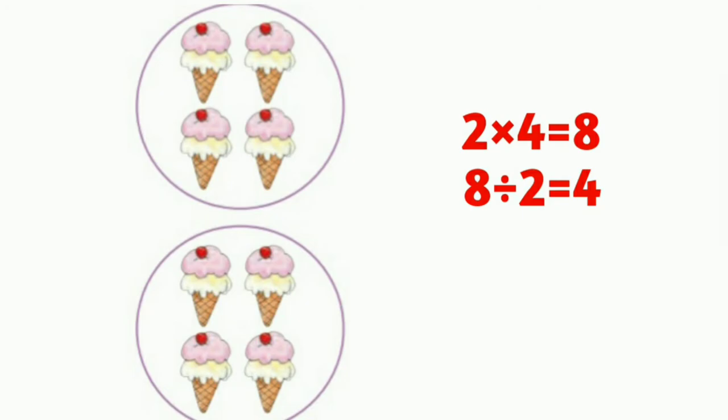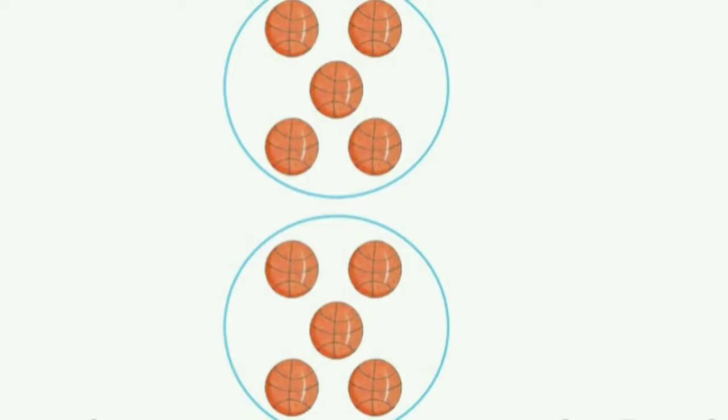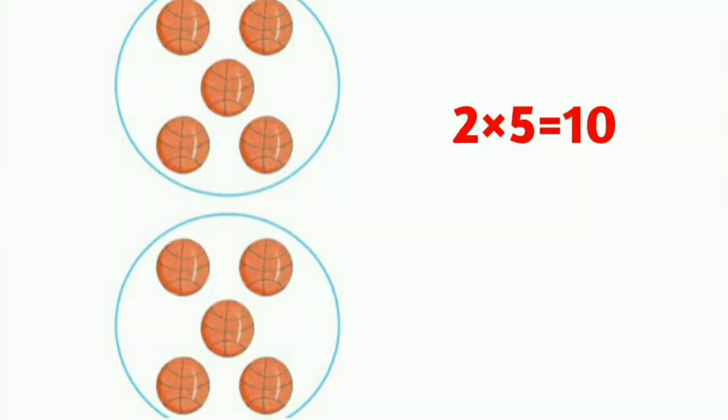In the same way we can write the multiplication fact for this one also. Here we have some balls. Just look at this. We have 2 groups. So we write here 2. Then in each group we have 5 balls.